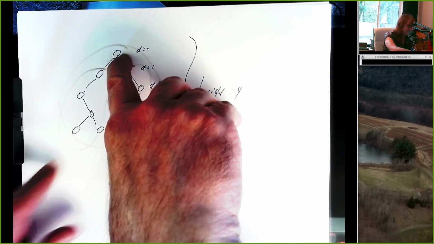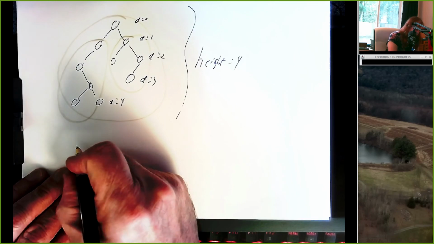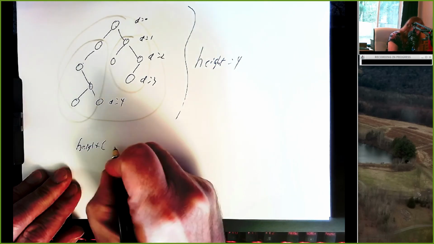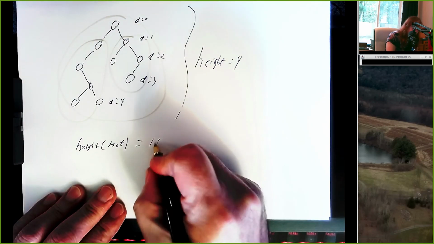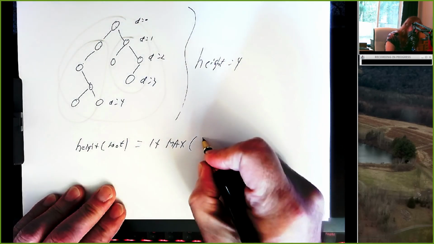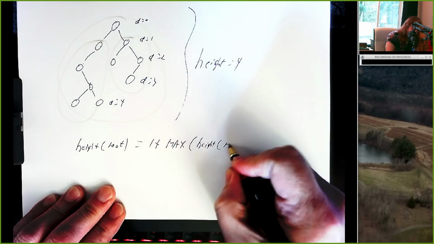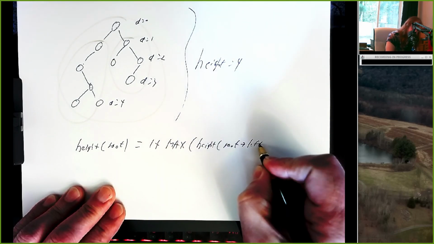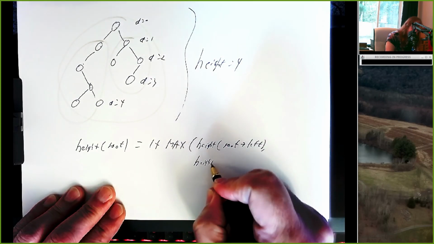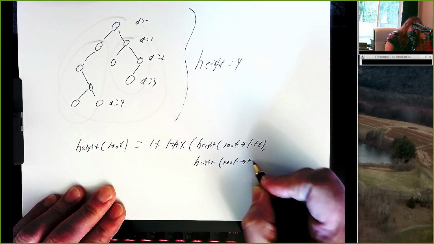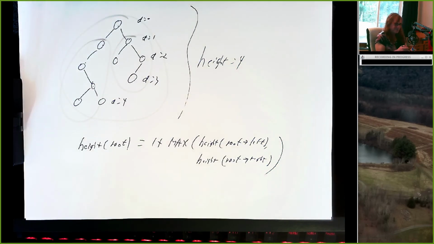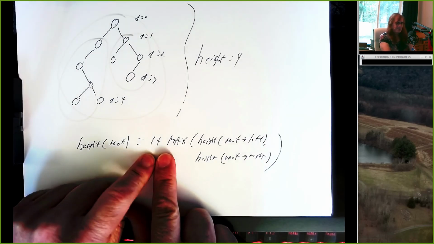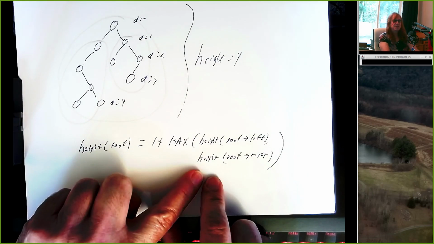And so the height of a tree with a given root is equal to 1 more than the largest of the height of the left subtree and the height of the right subtree. And that's a nice recursive definition of height. The height of an entire tree is 1 more than the maximum of the height of the left subtree or the height of the right subtree.